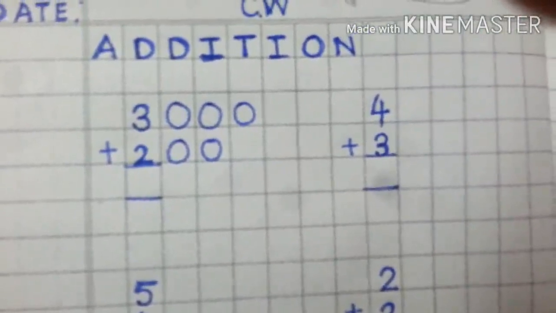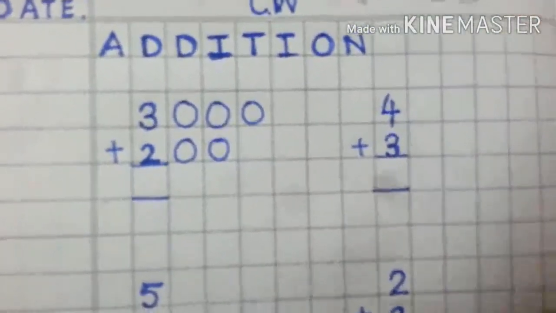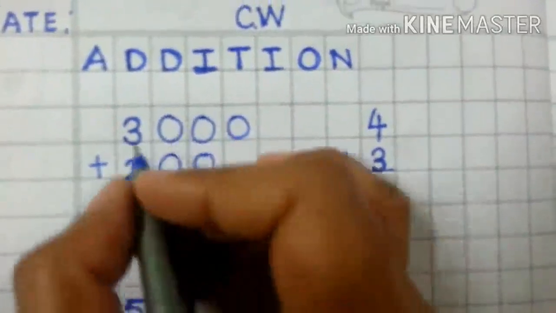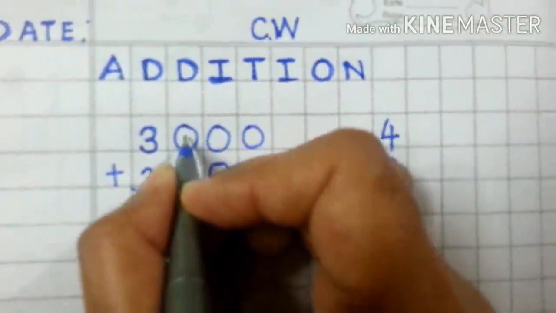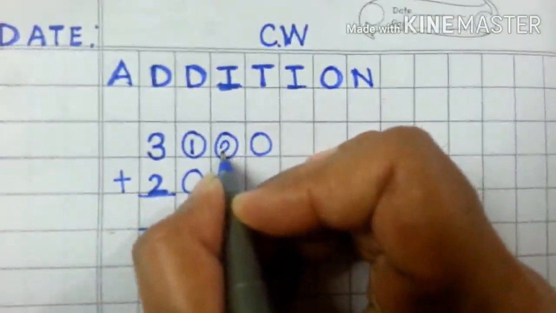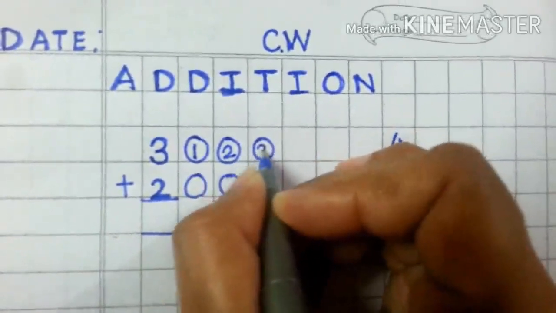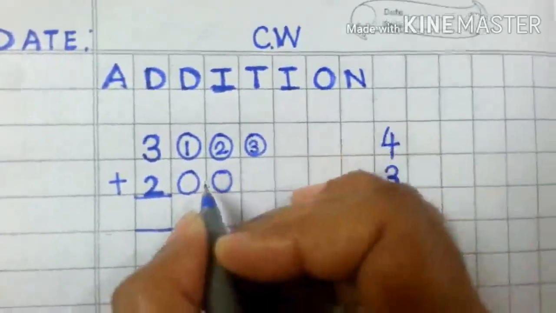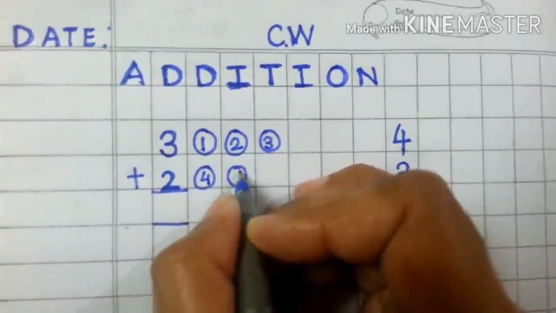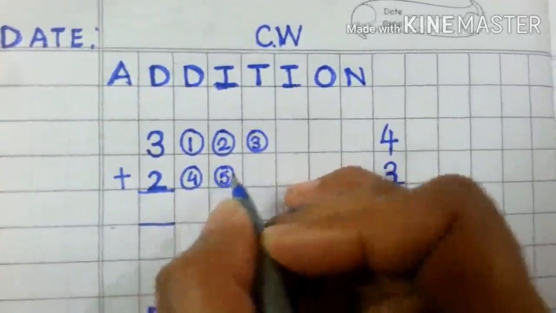Now, let's find how many marbles we have all together. Let's count. 1, 2, 3, 4, 5.